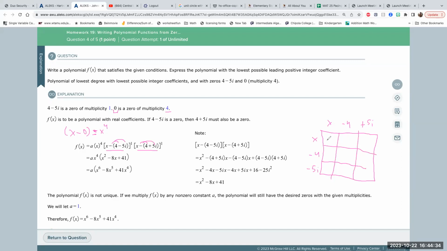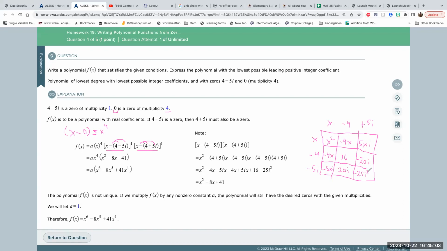And then we'll combine like terms to get x squared, -4x, you got 5xi, you got -4x, you got 16, you got -20i, you got -5xi, and you got 20i, and then you have -25i squared.